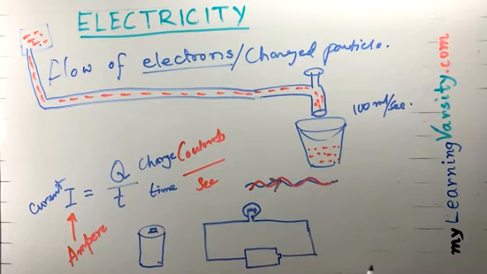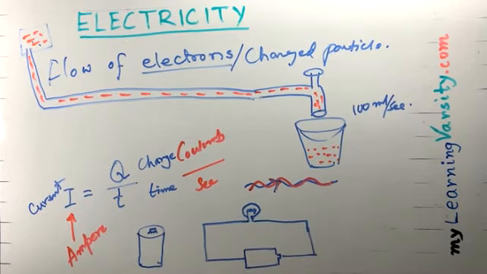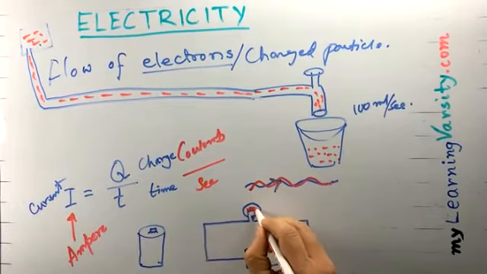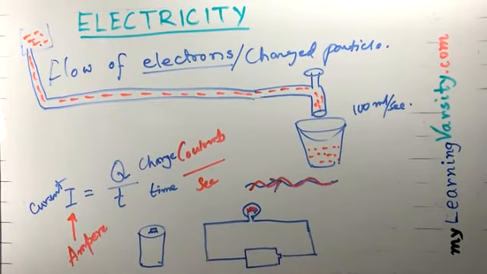And then what will happen? It will glow, isn't it? So this battery, we say this side is positive, this side is negative, correct?